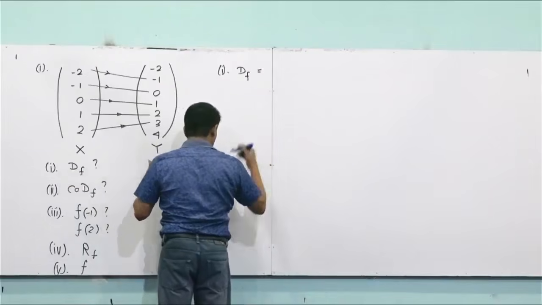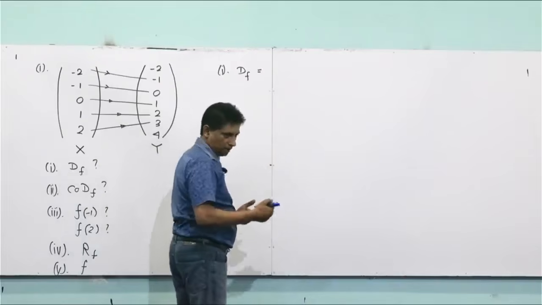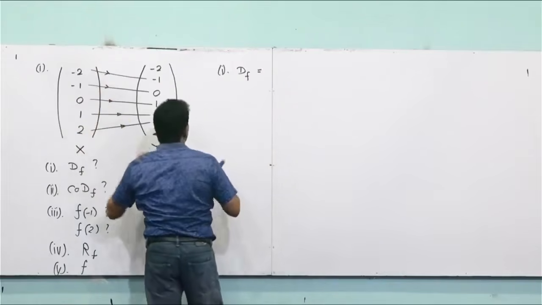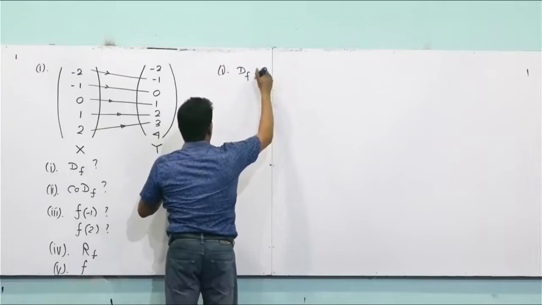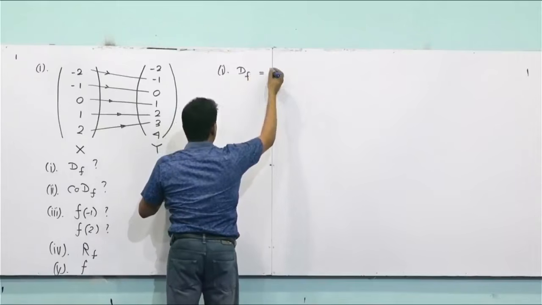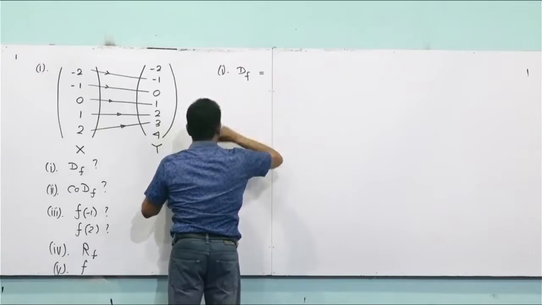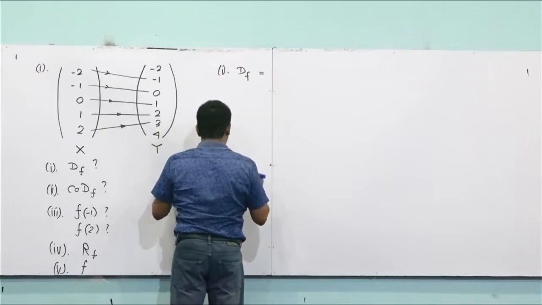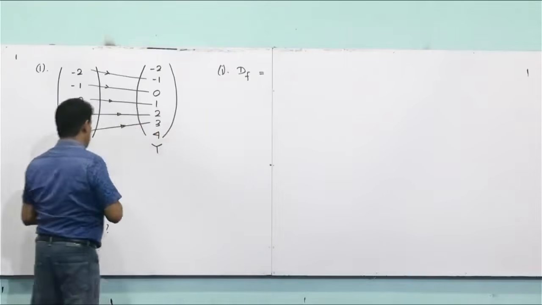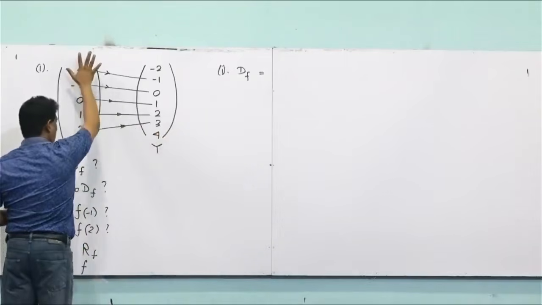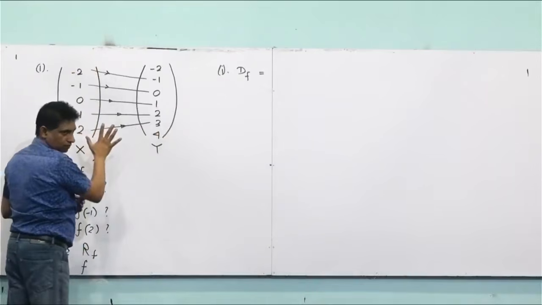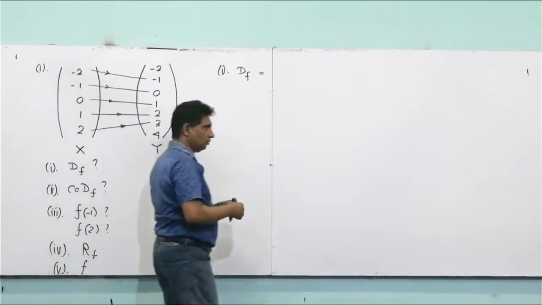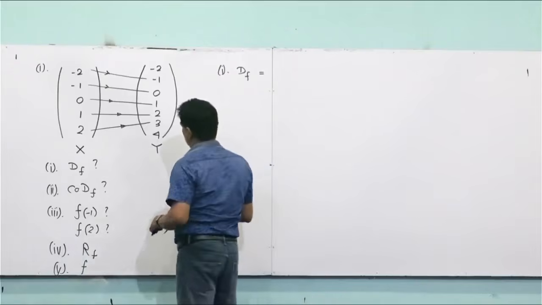DF means first set, that means capital X. Now as an answer we have to write here the first set, that means capital X. How we can write capital X? This is earlier set notation. Right? Now we know how we can write this set.